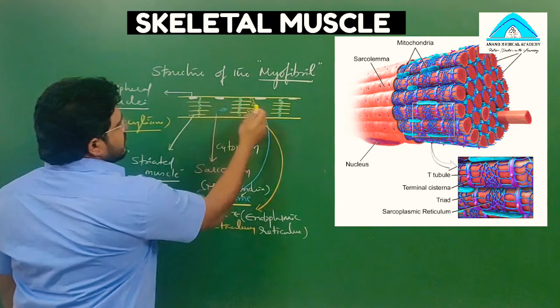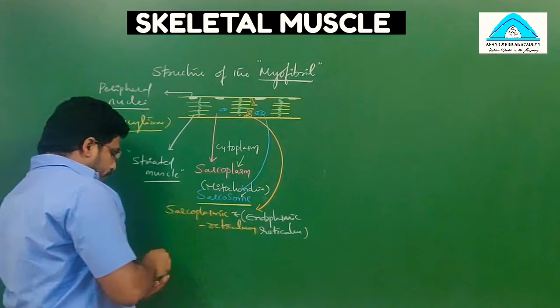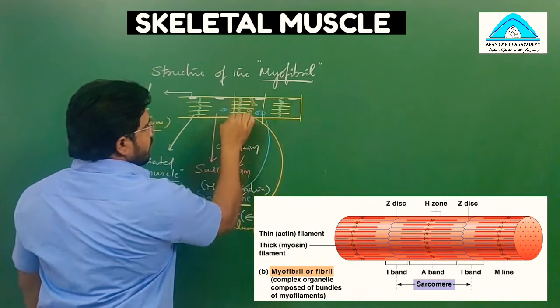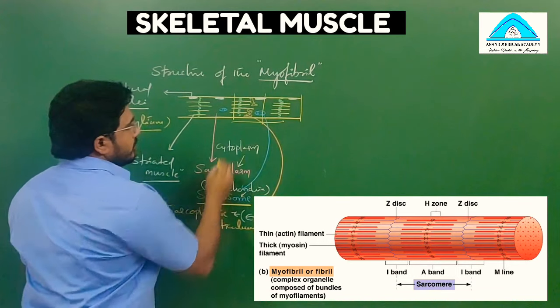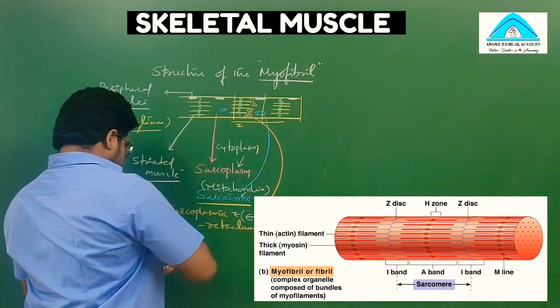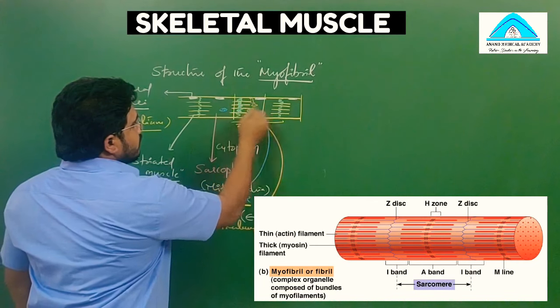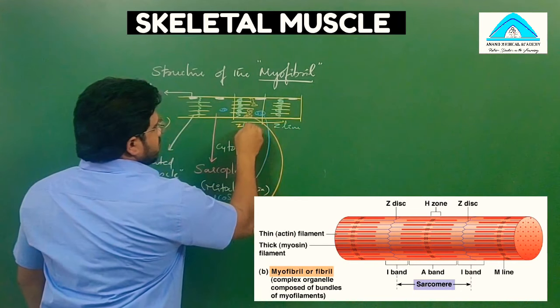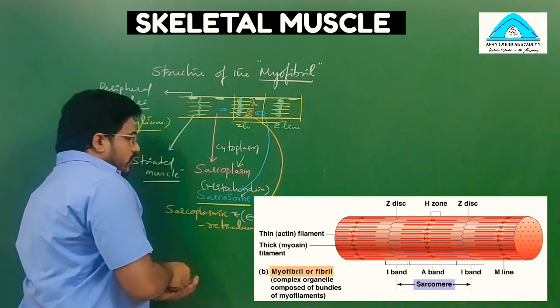Now, what are these strips? If you observe one part from here to here, I am going to draw. This is a Z line, and this is another Z line. The space between two Z lines I am going to draw now.